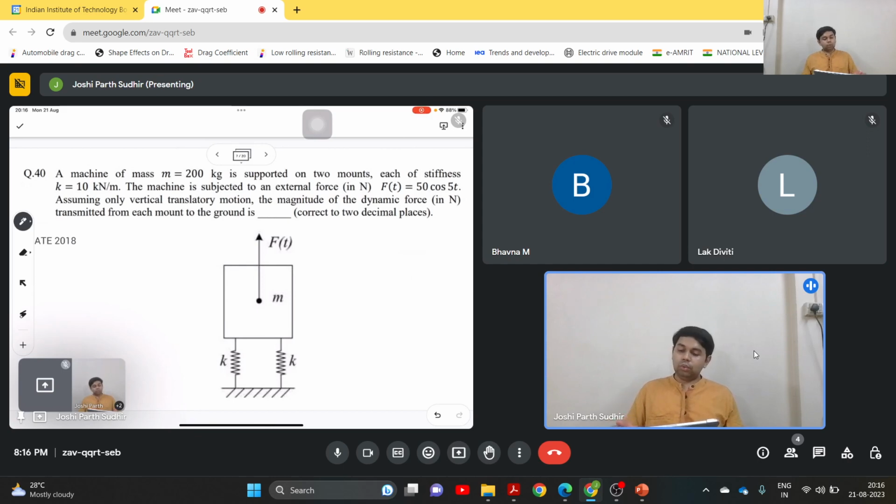To solve this problem, what do we have to find out first? We have to find out basically the amplitude as a function of the force and mass and stiffness. So first let us draw the free body diagram.